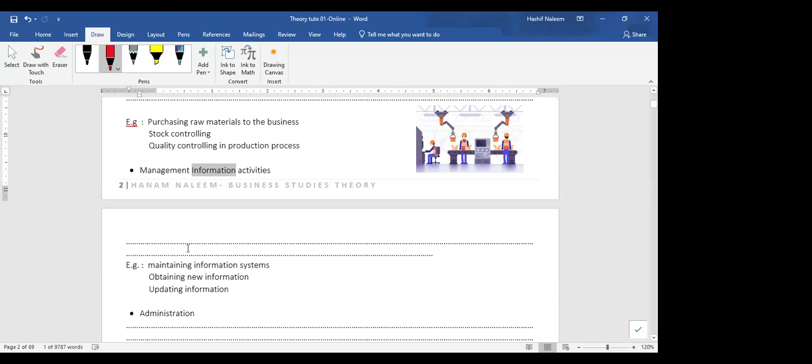So write down the definition for management information activity.